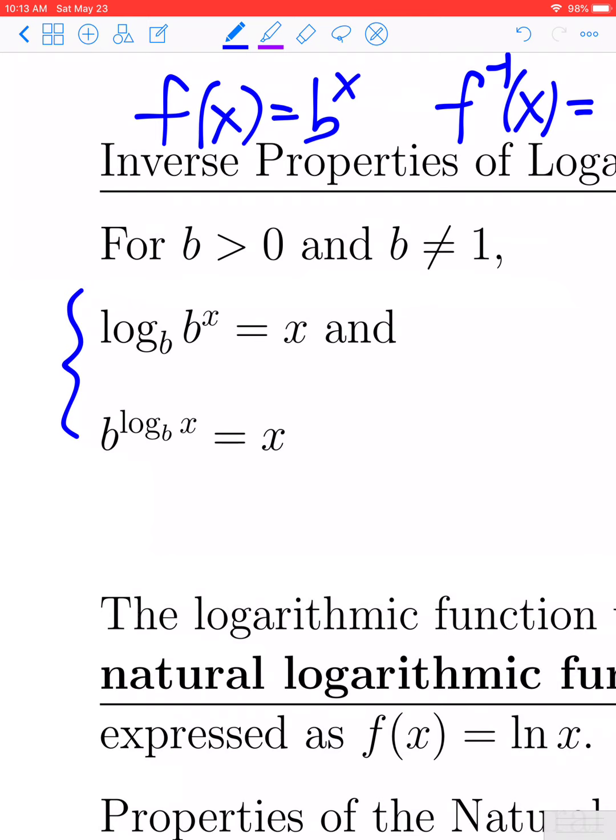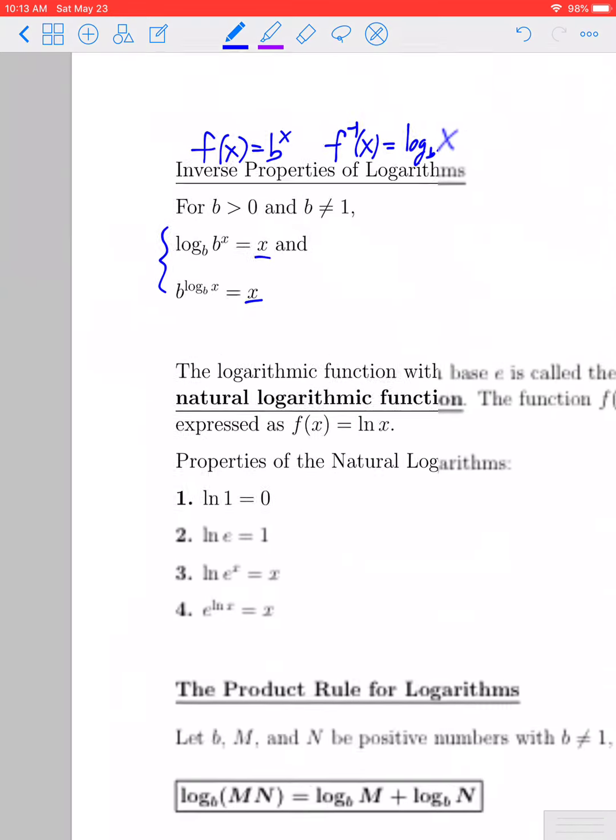If you compose log base b with the b to the x function, that will give us x. And also, if you take the exponential function b to the x and compose it with log base b of x, that's also going to give us x. So this is just the formal statement that b to the x and log base b of x are inverses.